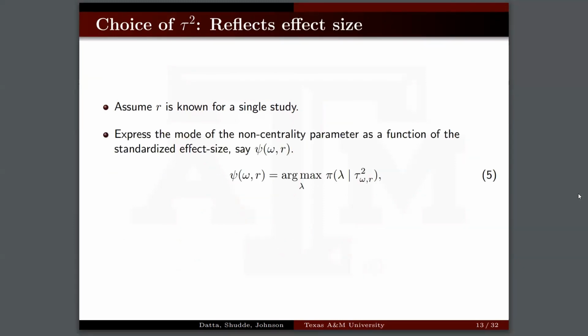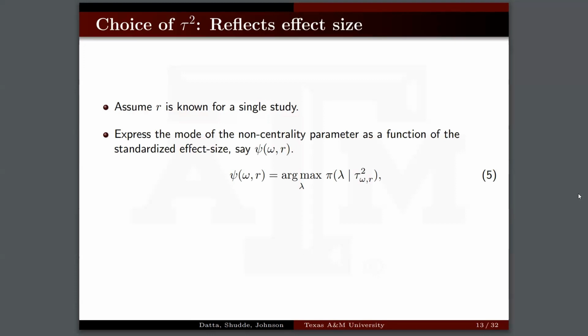We express a function of the standardized effect size, in this case mu by sigma, and we equate it with the prior mode. So if we were to consider a normal moment prior, our prior modes will lie at plus minus root 2 R tau.